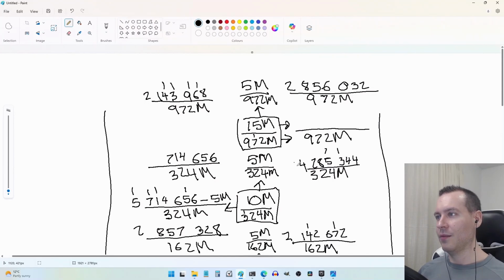And so this number times 3 is 4 times 3, that's 12. 4 times 3 is 12, carry the 1 is 13. 3 times 3 is 9, carry the 1 is 10. 5 times 3 is 15, carry the 1 is 16. 8 times 3 is 24, carry the 1 is 25. 2 times 3 is 6, carry the 2 is 8. 4 times 3 is 12.